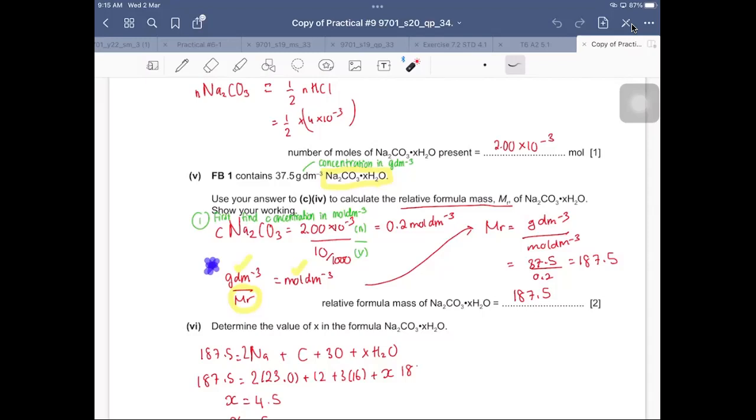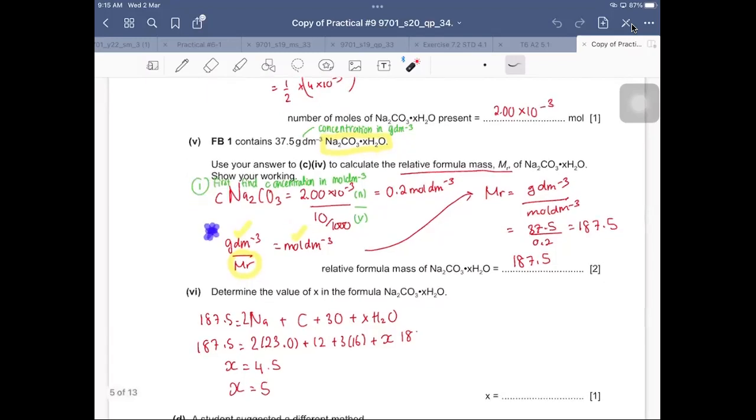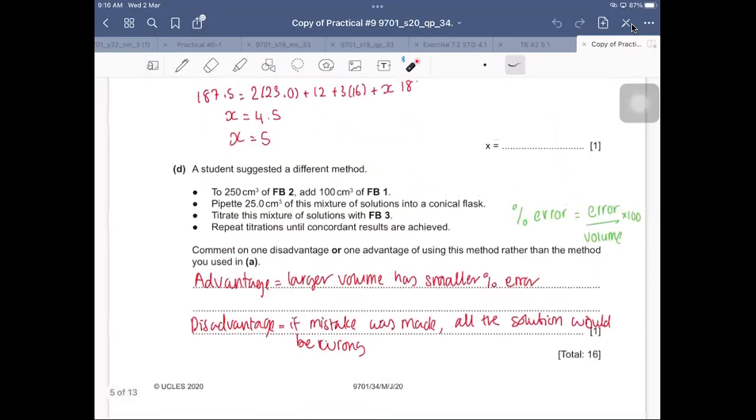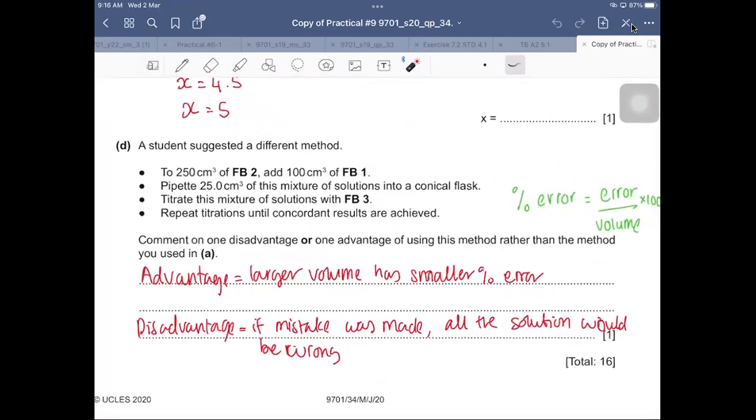Qualitative analysis, I'll talk about that later on when we look at the notes, okay? Now, next one. There will be calculation. You look at question 2, there's no calculation, right? Heating, there's calculation. Temperature, there's calculation.